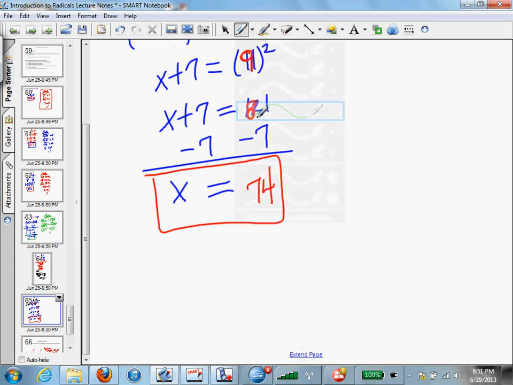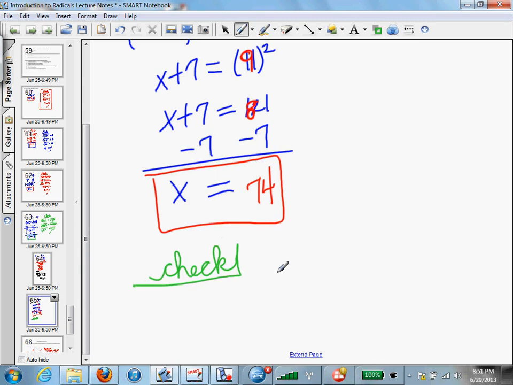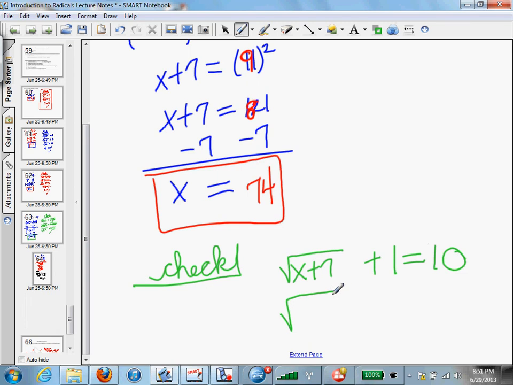And finally, if we apply the check, square root of x plus 7 plus 1 equals 10. We'll fill in 74 for x.